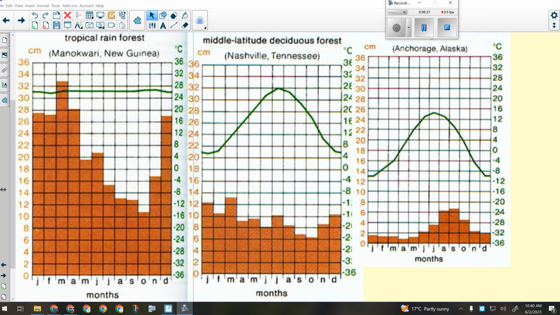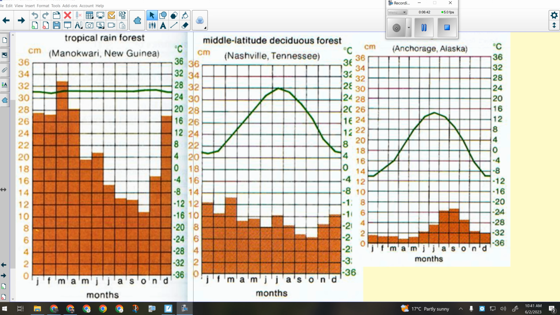Now the other thing we have to look at here, we're fortunate: all of these climate graphs have the same scale. Is it possible for me to make a desert look like a tropical rainforest? I can put them side by side and the desert can look super wet. All I have to do is mess up the scale.